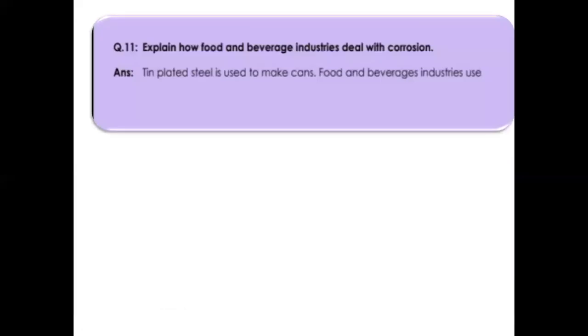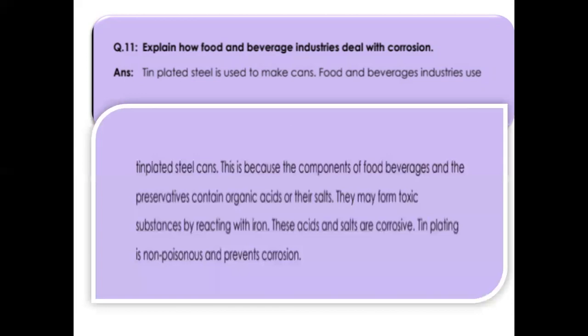Explain how the food and beverage industries deal with corrosion. Tin plated steel is used to make food cans. Food and beverage industries use these tin plated steel cans because the components of food, beverages, and preservatives contain organic acids or their salts, and they will react with iron cans.